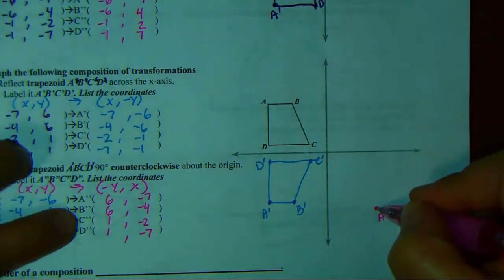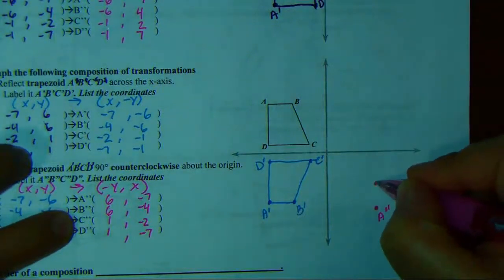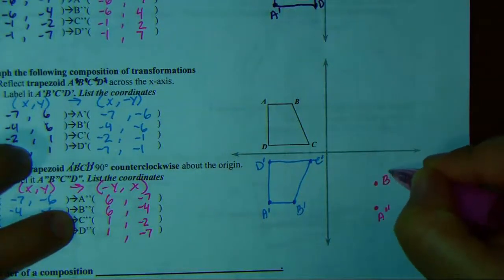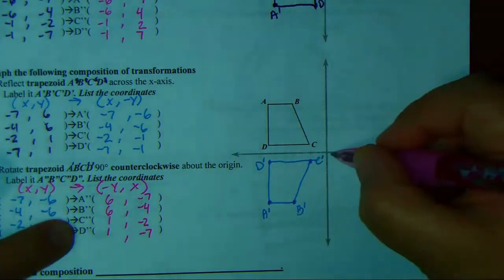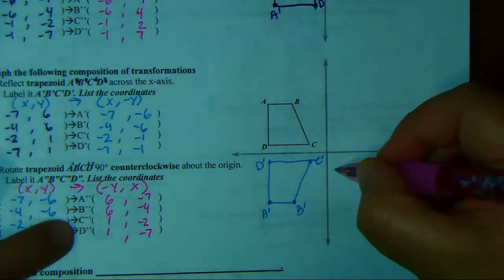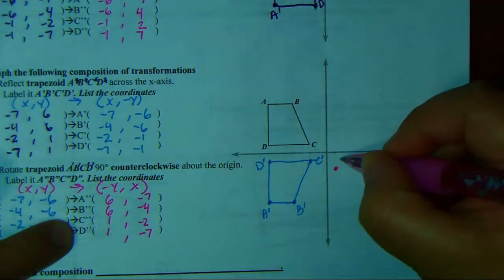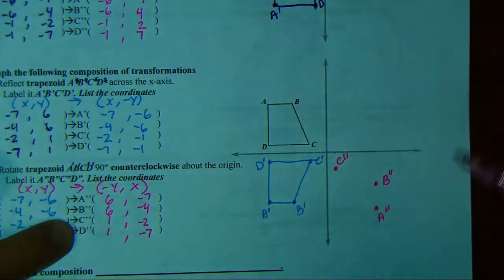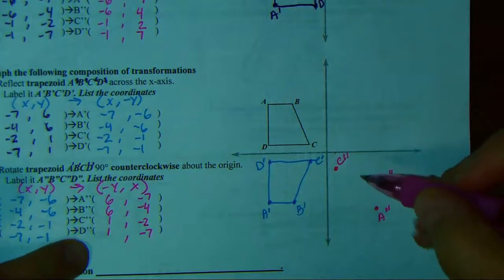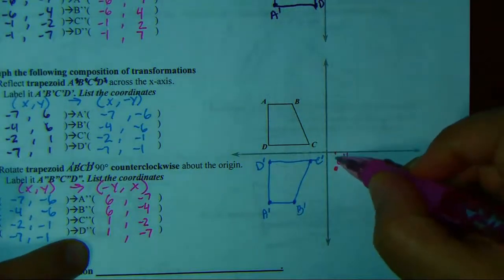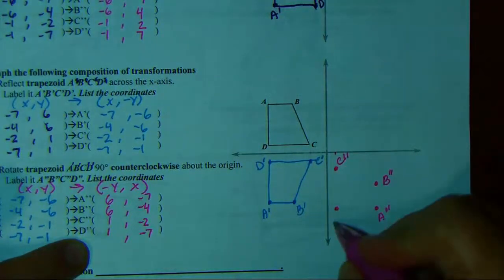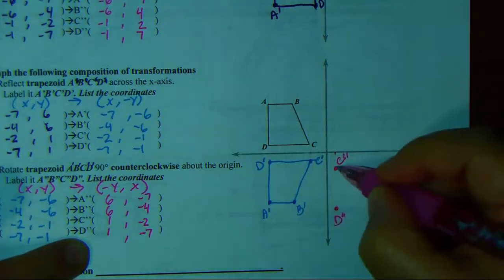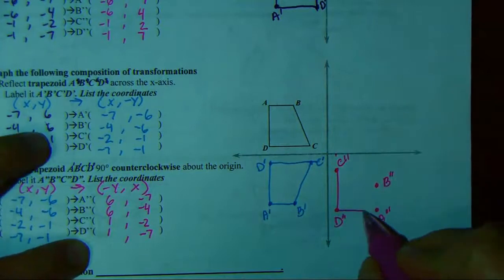B double prime is at (6, -4), so that's going to be right here. Okay. C double prime is going to be at (1, -2). Here is my C double prime. And then my D double prime is at (1, -7). Dang, that looks way different.